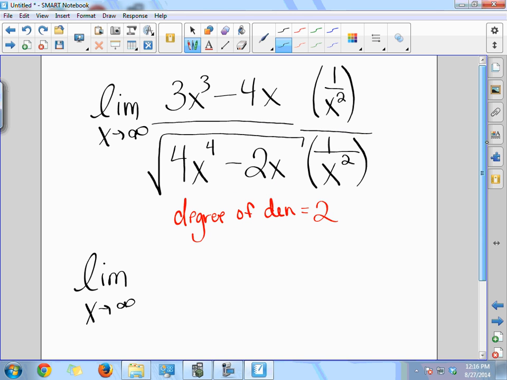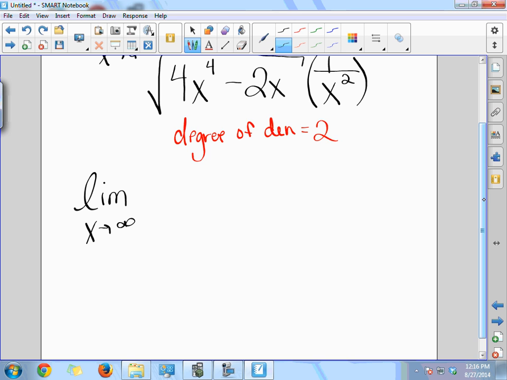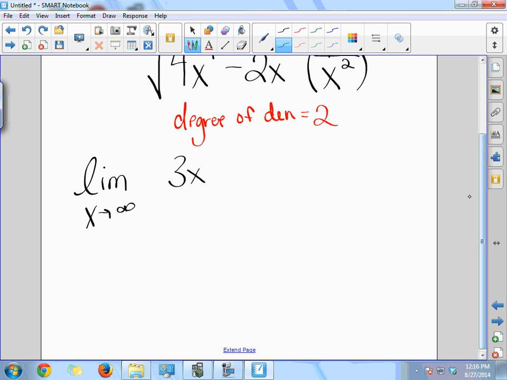I'll go ahead and clean up the numerator a little bit, and I'm going to skip a step that I did before. So 3x cubed all over x squared is just going to be 3x, right? Because the x's will cancel. And then 4x over x squared is going to be 4 all over x.